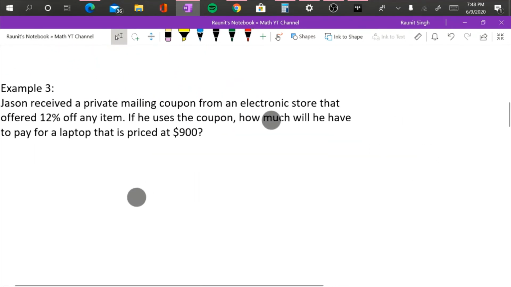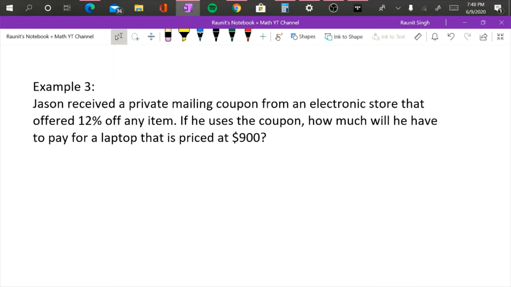Okay, so Jason received a private mailing coupon from an electronics store that offered 12% off any item. If he uses the coupon, how much will he have to pay for a laptop that is priced at $900? So, once again, we're doing a discount. This time, instead of 35% off, we have 12% off.